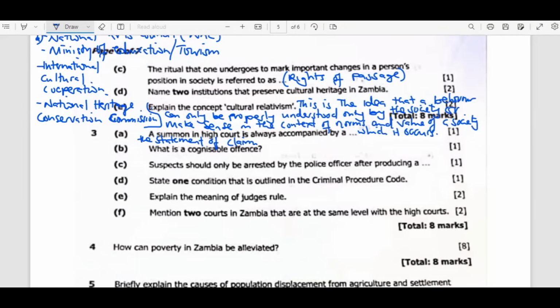So we are saying that this is an offense that can be easily seen as a crime.